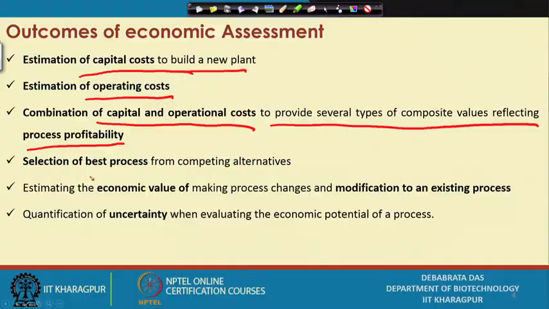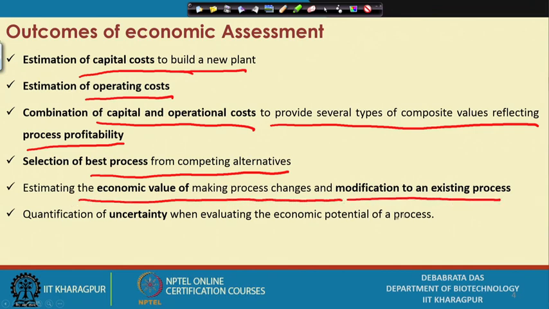Both you have to pay per month, and you have to add that to the operating cost and match it with your cost of the product. Then selection of the best process by competing alternatives, estimation of economic value of making process changes and modifications to an existing process, and quantification of uncertainty when evaluating the economic potential of the process.